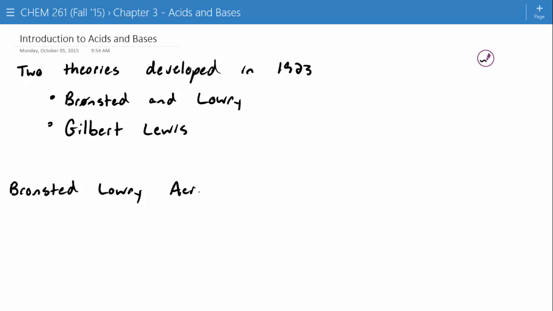Does anybody remember what the Bronsted-Lowry acid-base theory was? Yeah, I heard somebody say it. You were saying acid is something that gives up a hydrogen ion. A base is something that accepts it. What ion are we talking about? Is it a cation, an anion? Cation. So we call them protons typically.